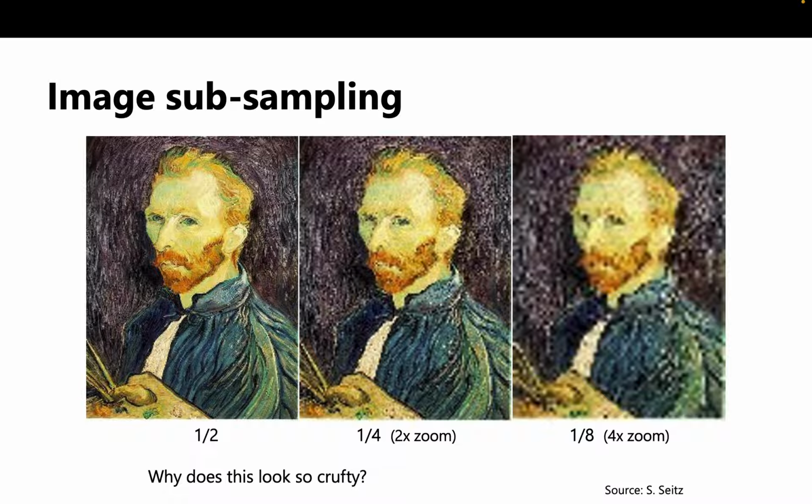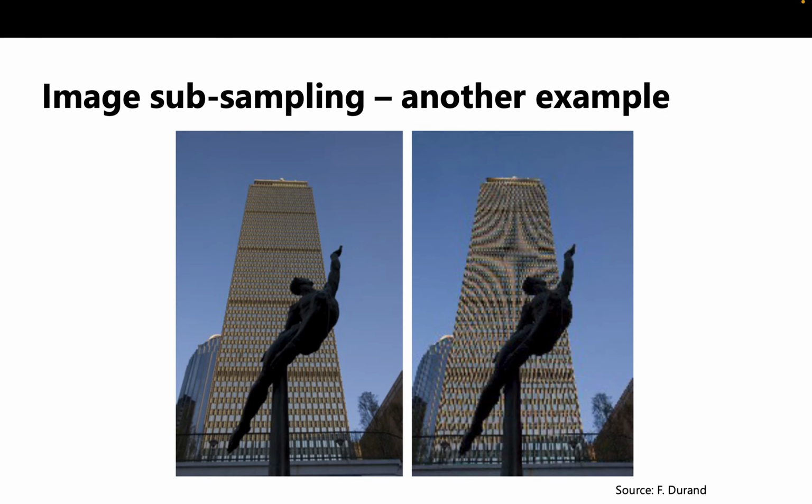So when you have the same size as the half size, you will see the image looks so crafty or blurry because we lost a lot of information when we try to zoom in a smaller image to a larger image.